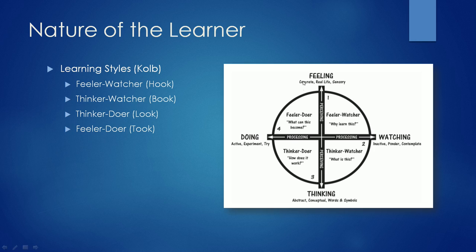So when you put these two dimensions together, you end up with 4 quadrants, 1, 2, 3, 4, and we've named them accordingly: feeler-watcher, thinker-watcher, etc. Now, the feeler-watchers tend to be those who are more of the philosophers in life. They're the writers. They're the ones that reflect upon life.